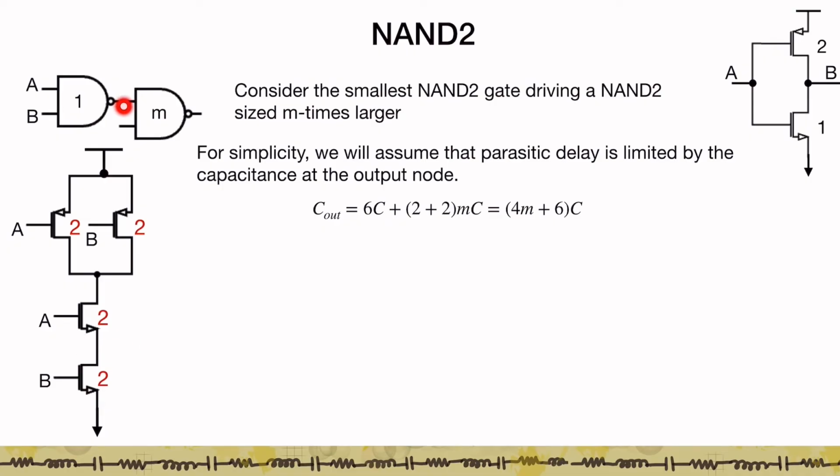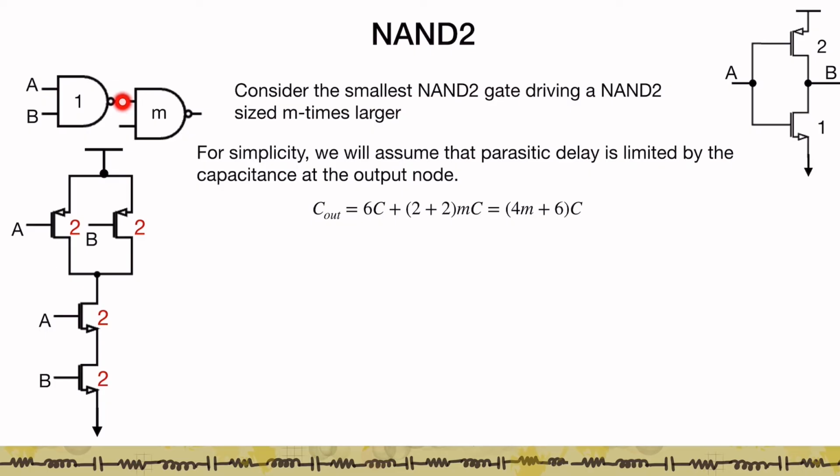So now if I look at the total capacitance at this node, it is due to the intrinsic capacitance of the first gate and the gate capacitance or the fan out capacitance associated with the next gate. So the intrinsic capacitance of the first gate is given by 2C plus 2C plus 2C. So this 6C is the intrinsic capacitance of the first gate.